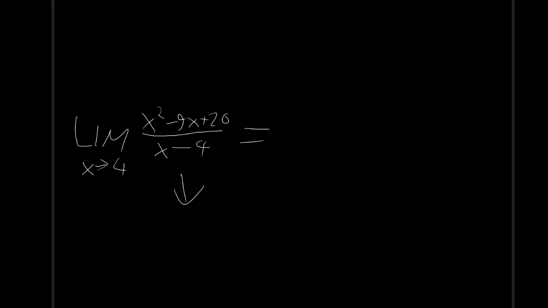So, first, before factoring, I'm going to split this 9 over here. So we're going to have x squared minus 4x plus negative 5x plus 20. And then we can factor it.